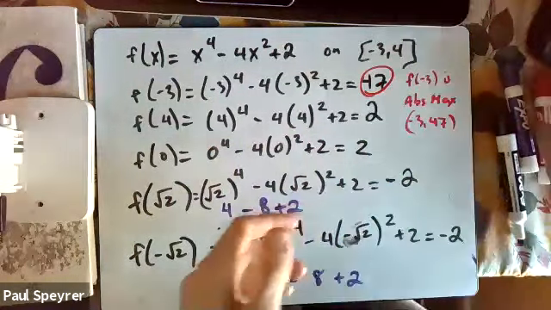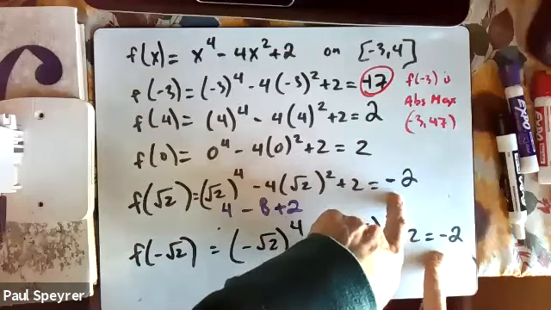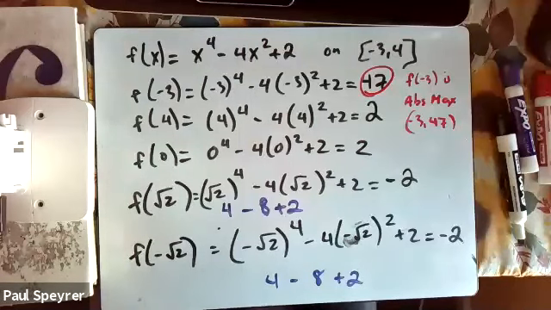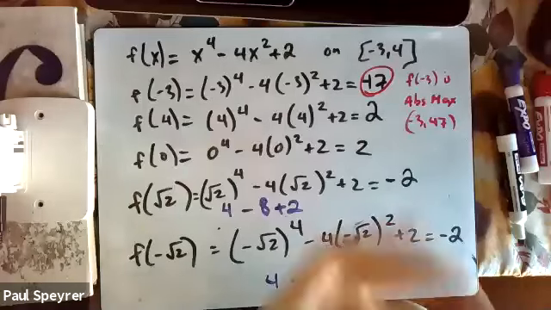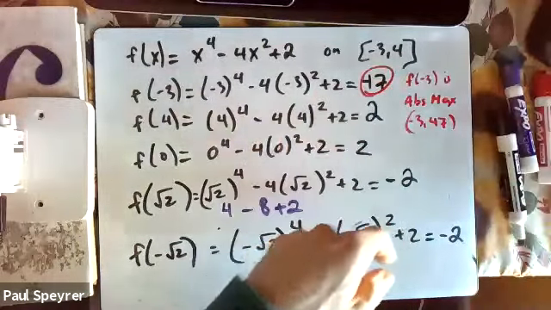Now, as far as the min, well, there's two of them that have the same exact min value, right? Both of these spat out -2s right here. Can you have more than one absolute max and more than one absolute min? Yeah, you can have different points share that either highest y value or lowest y value.